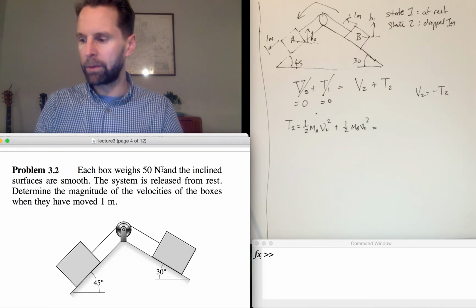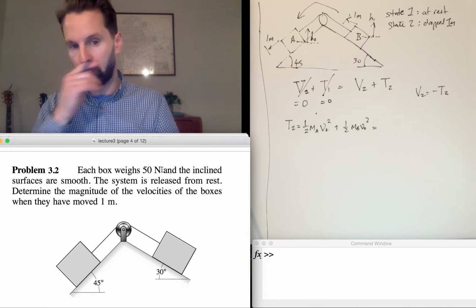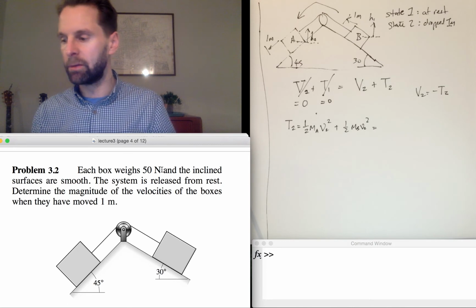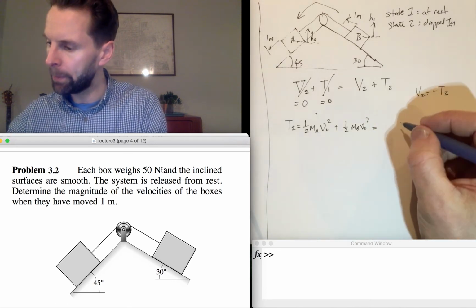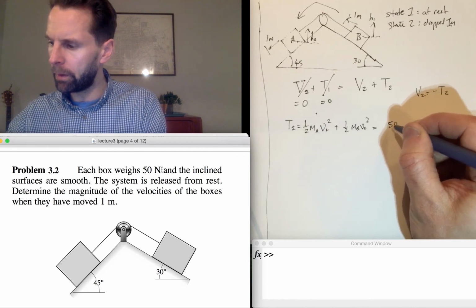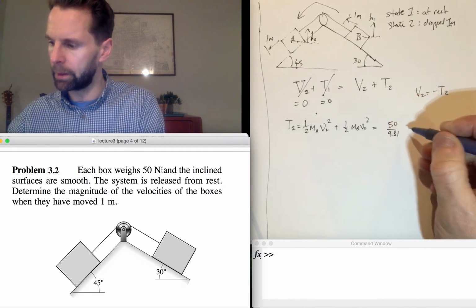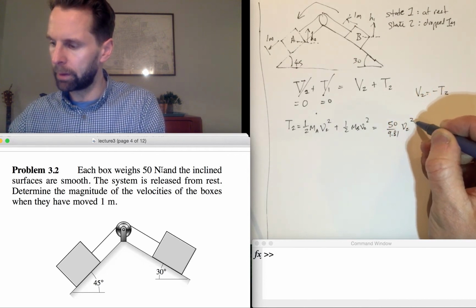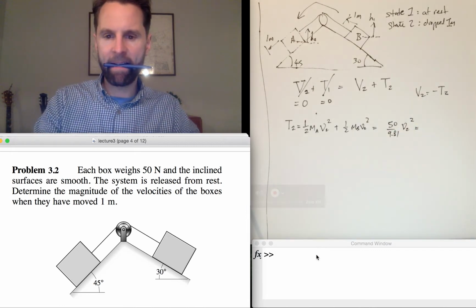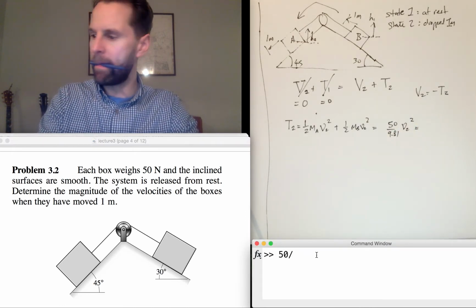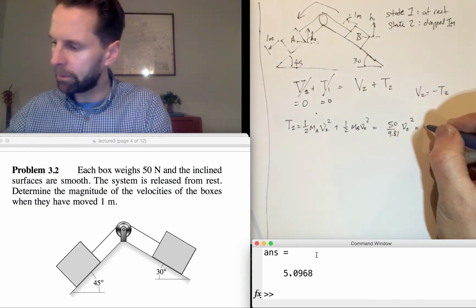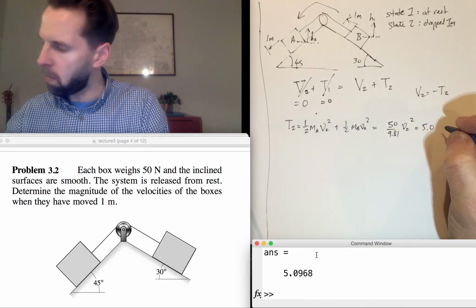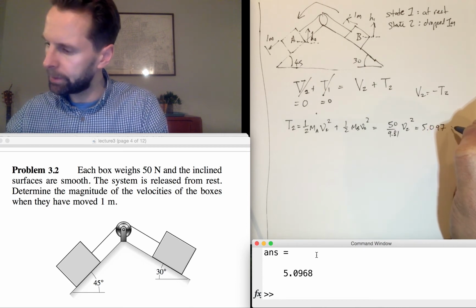Well, they've told us that each box weighs 50 newtons, so the mass is 50 newtons divided by 9.81. So this is going to equal 50 over 9.81, which is 5.097 v2 squared.